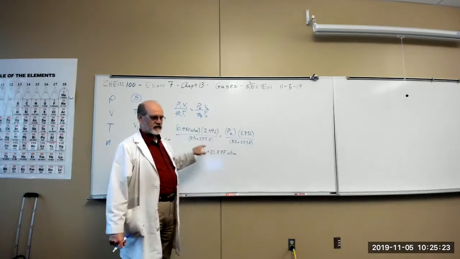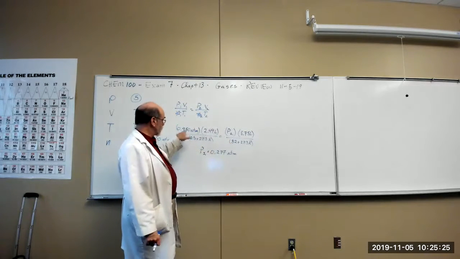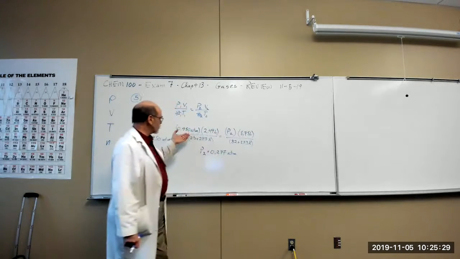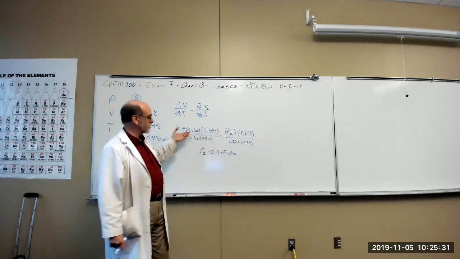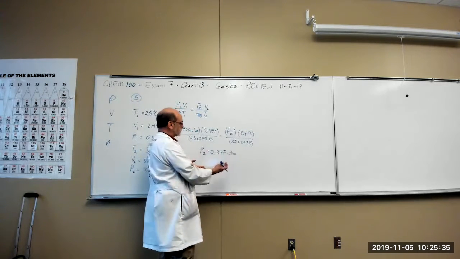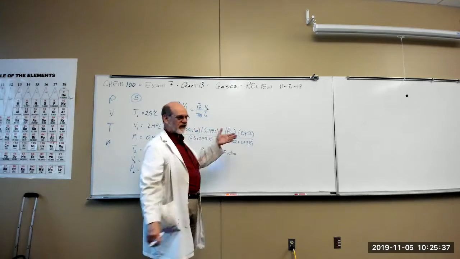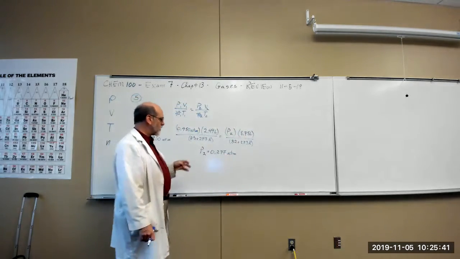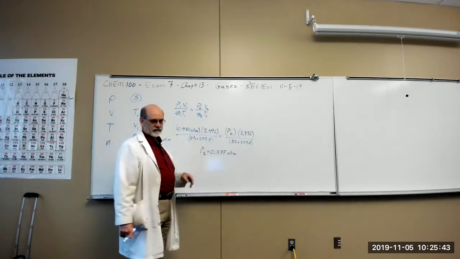Temperature must be Kelvin. But the others, atmospheres, liters, it could have been torr here instead of atmospheres. Then the answer would have come out in torr. Liters, it could have been milliliters on both sides. It doesn't matter. The only one that matters is the temperature.